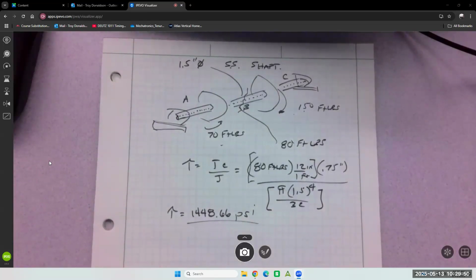So no problem, right? A 1.5 inch shaft carries a lot of load. That's almost the size of this broken one that we have floating around. Once you have the torque, that's pretty straightforward.